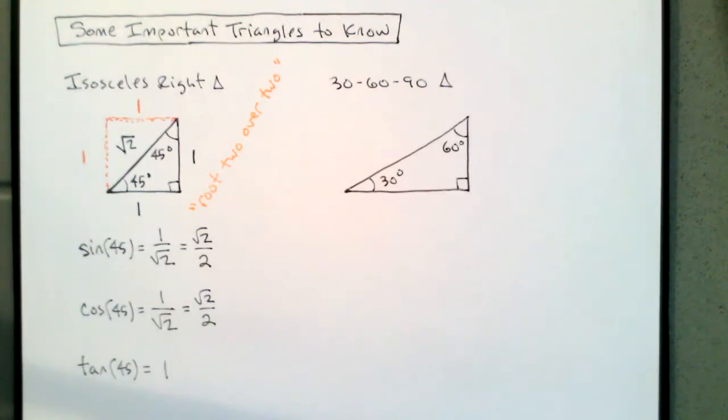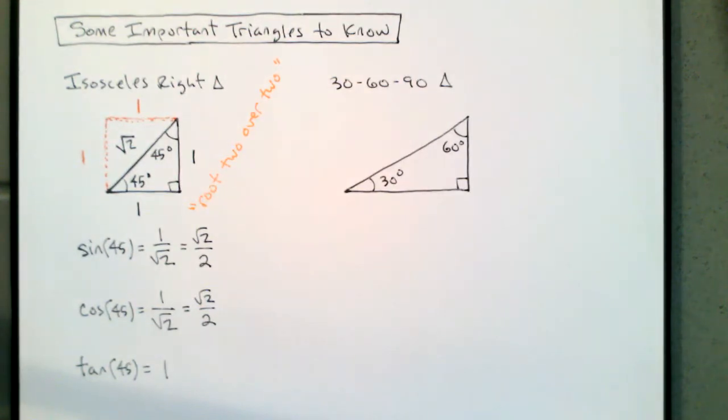We can do a similar thing for the 30-60-90 triangle. The 30-60-90 triangle is half of an equilateral triangle.